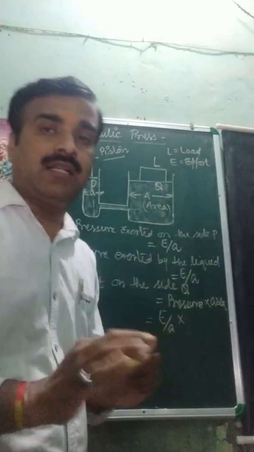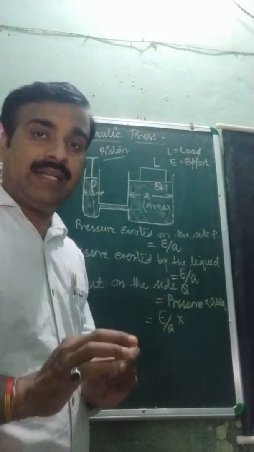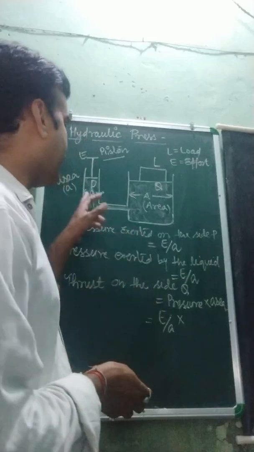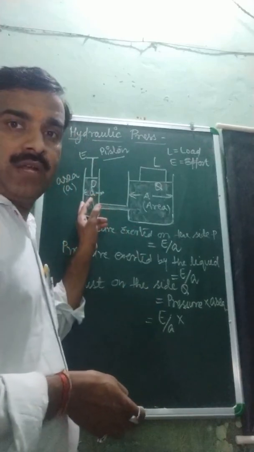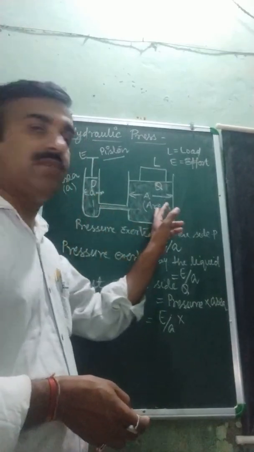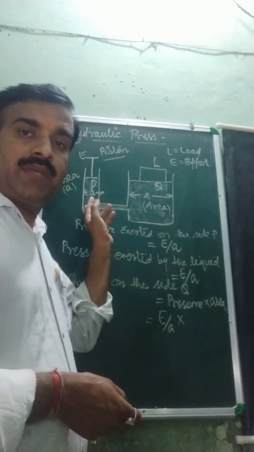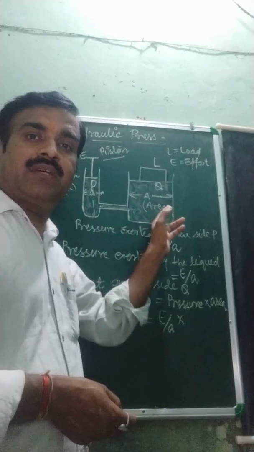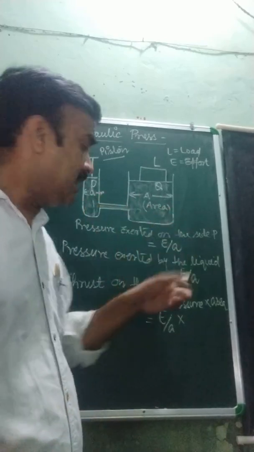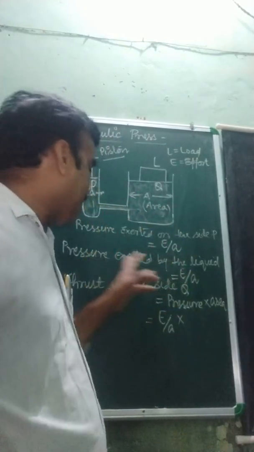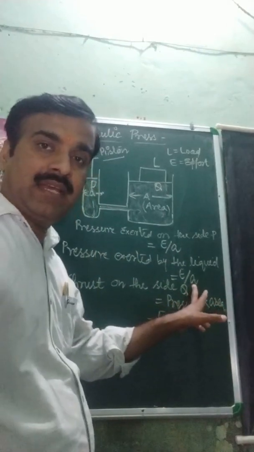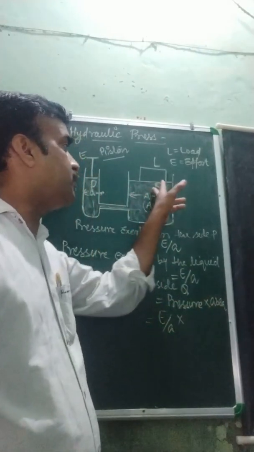According to Pascal's law, whatever pressure you supply here, the same pressure will transfer onto this side. That means here we have applied the pressure E by a and the same pressure will transfer here.